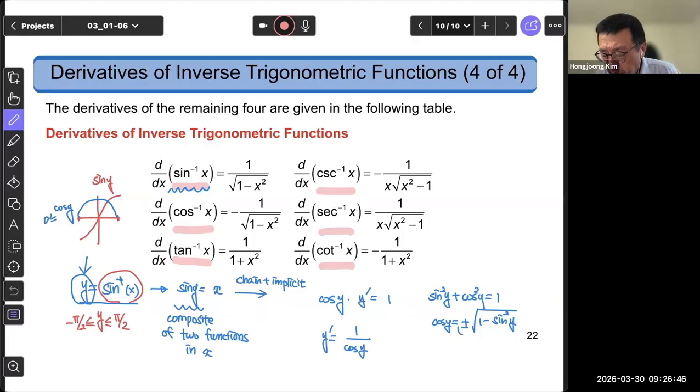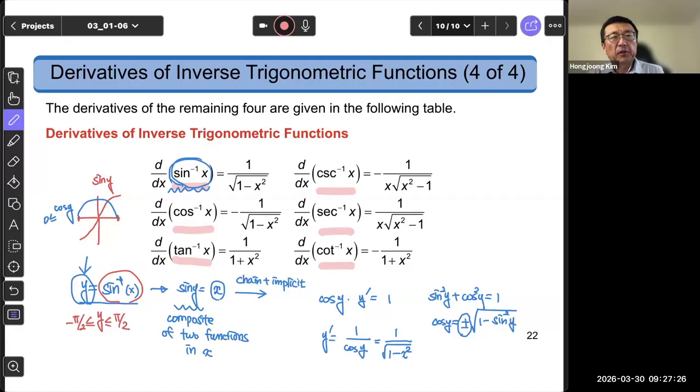So in this plus or minus sign choice, your choice will be the plus sign, so that the cosine takes the non-negative value. So you get 1 over the square root of 1 minus sine y squared. But sine y is just x. So we get the square root of 1 minus x squared in the denominator. That's the derivative of the arcsine function.